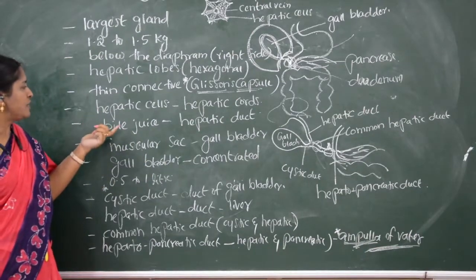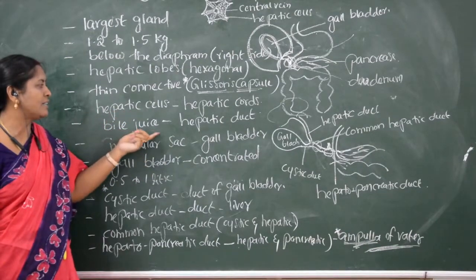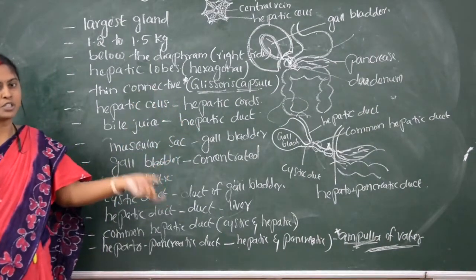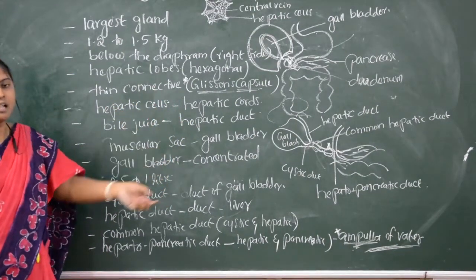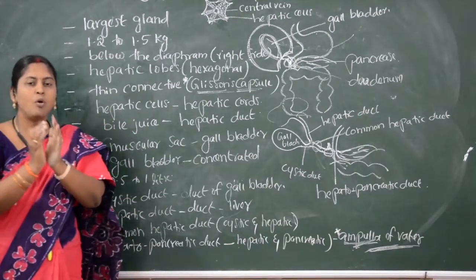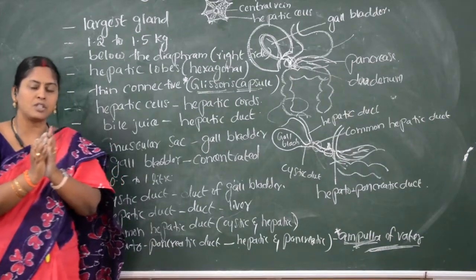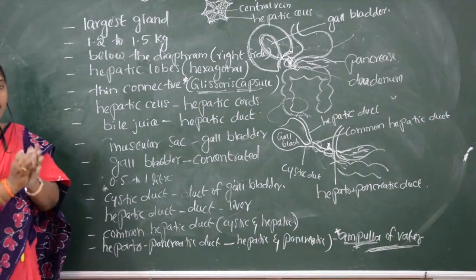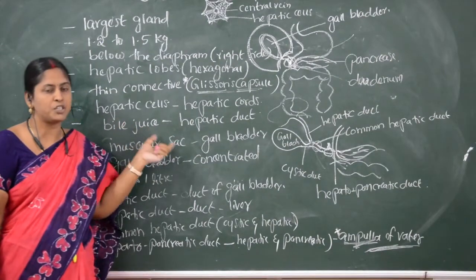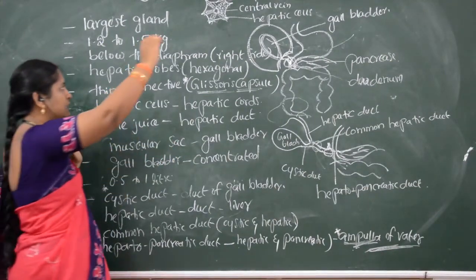The bile juice which is secreted by hepatic cells comes out through hepatic ducts and will be stored in a small muscular sac-like structure called gallbladder. The shape of the gallbladder is pear shape.